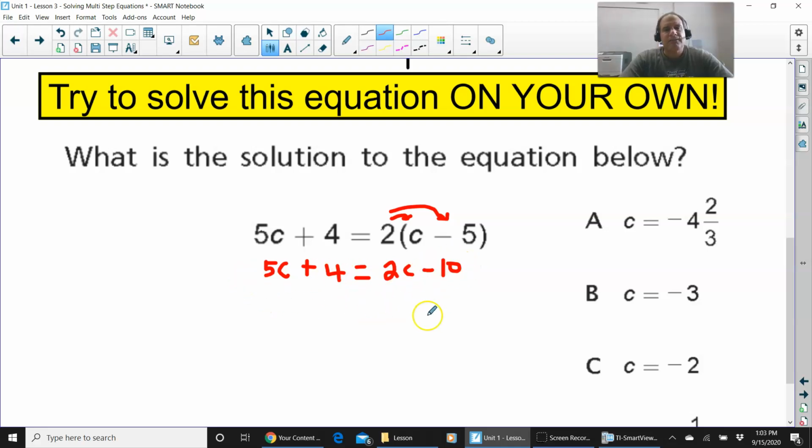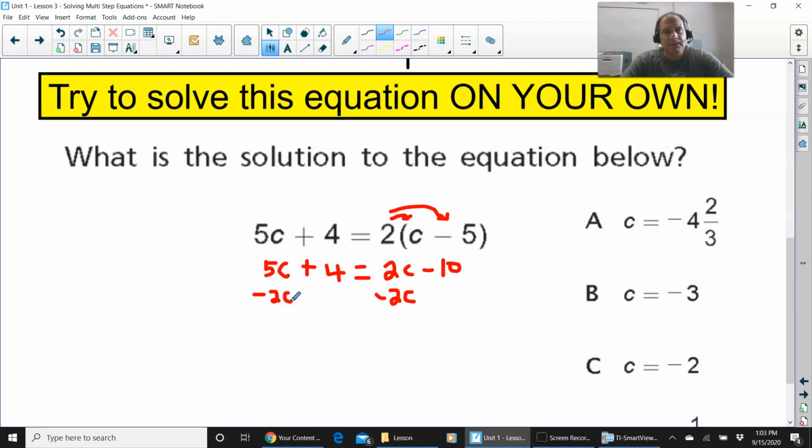Now when you have this type of equation, you have variables. You see this c and you see this c? You have to bring them together. So I always start with the smallest number in front of c. So you have 2c, and I'm going to minus 2c from both sides.